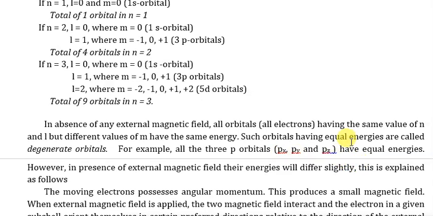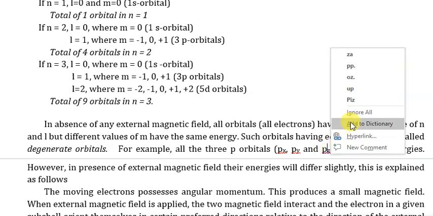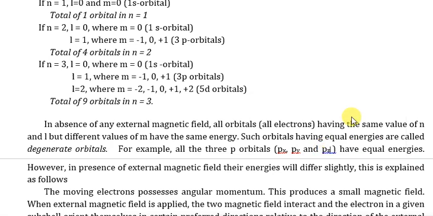And such orbitals having equal energies are called degenerate orbitals. Na electron ambazo zinakaa kwenye orbitals kama hizi zinaitwa degenerate electrons. For example, all 3p orbitals px, py and pz have equal energies.